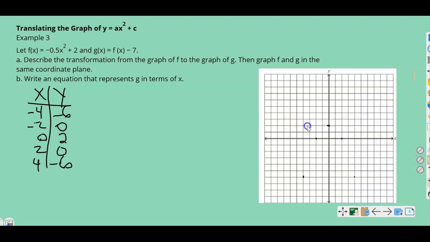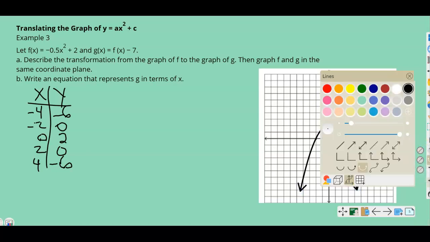All right, let's graph that. This time it's going to be upside down, so my vertex is going to be here. It may take me a minute. Hold on just a second. All right, so that is the function of f of x.